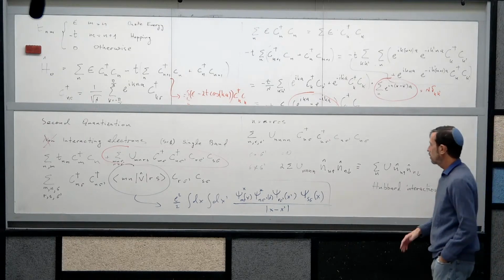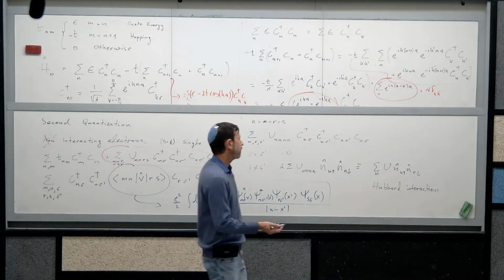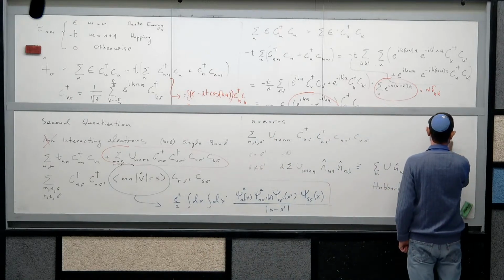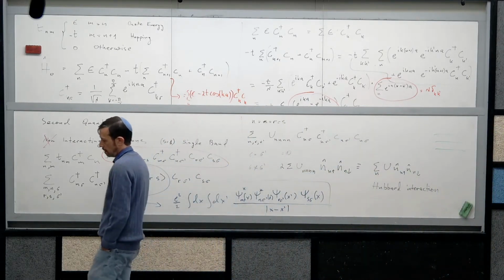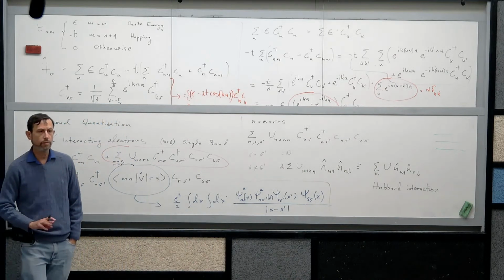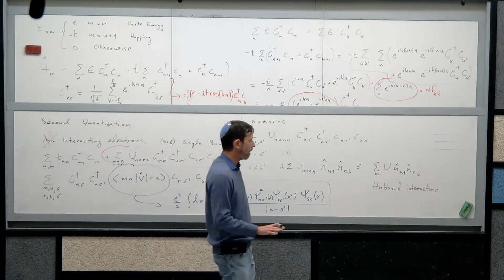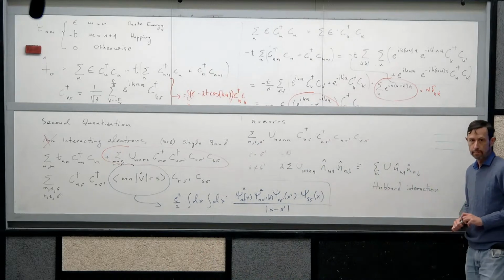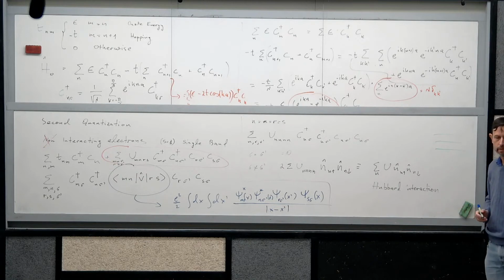Why? Let's assume I have an atom with several energy levels. If I'm taking into account only the Hubbard interaction, and let's say I want to put into it, let's start with 2 electrons.